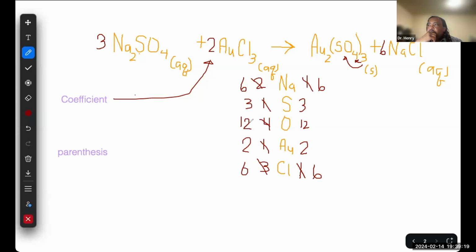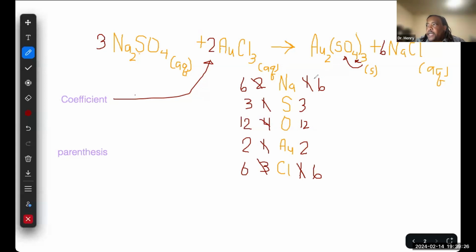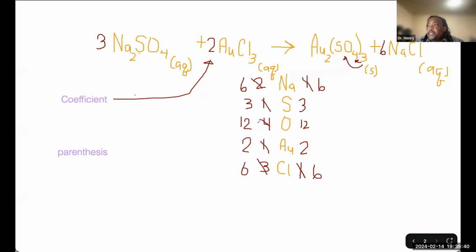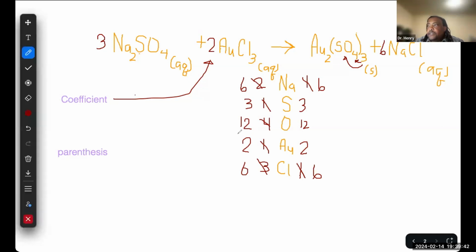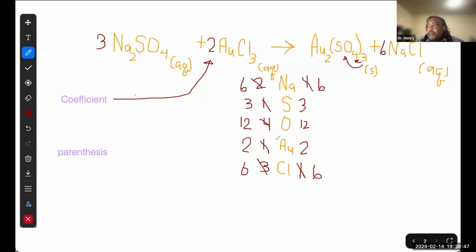Okay, so let's check it out. So I have 6 sodiums on my reactant side, 6 sodium on my product side, 3 sulfur on my reactant side, 3 sulfur on my product side, 12 oxygen on my reactant side, 12 oxygen on my product side, 2 gold on my reactant side, and 2 gold on my product side, and 6 chlorine on my reactant side, and 6 on my product side.